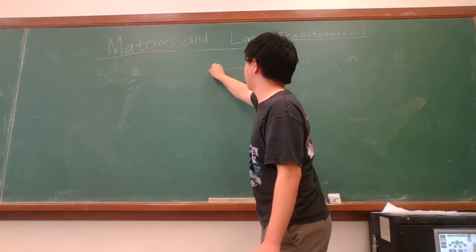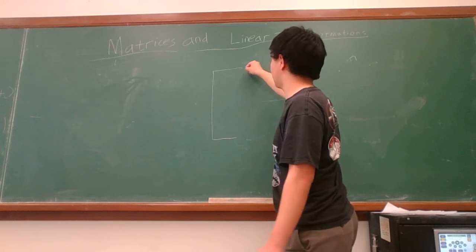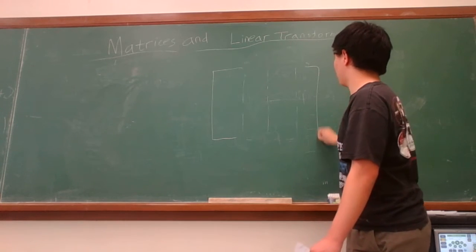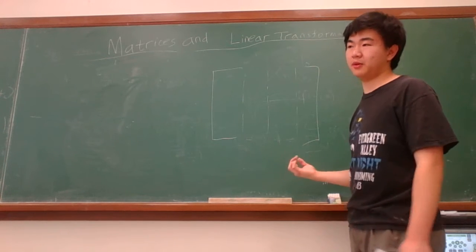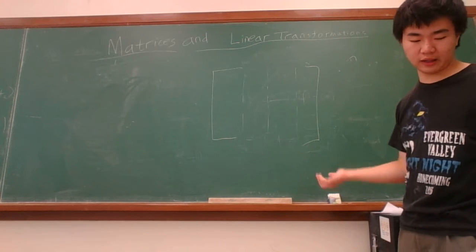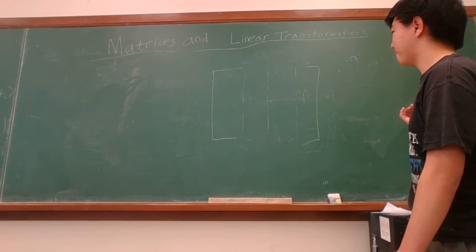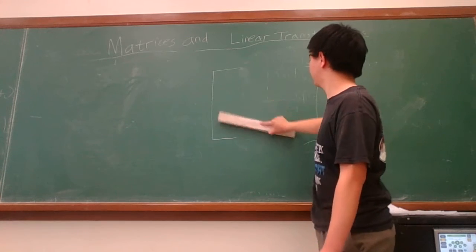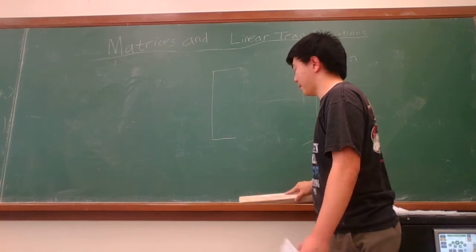So a matrix is really just, you can think of it as a collection of column vectors or rows. For this purpose, I'm just going to consider it a collection of column vectors. So it's basically just filled in with data. Again, dimension data.